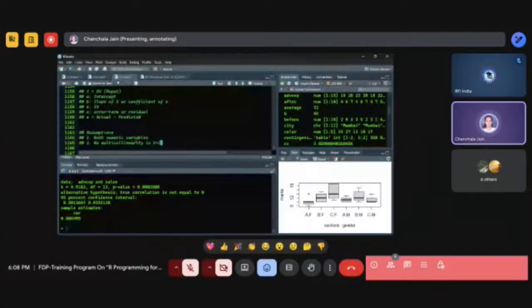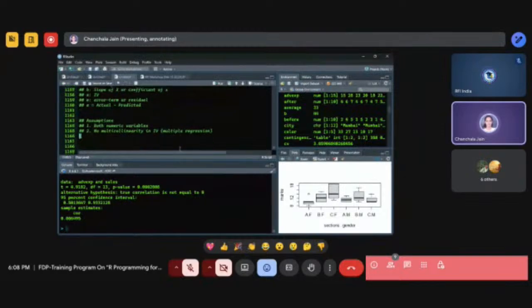I can generally skip this because it is mostly applicable in multiple regression, where you have more than one independent variable. In simple linear regression we have a single independent variable, so you do not need to talk about multicollinearity there.